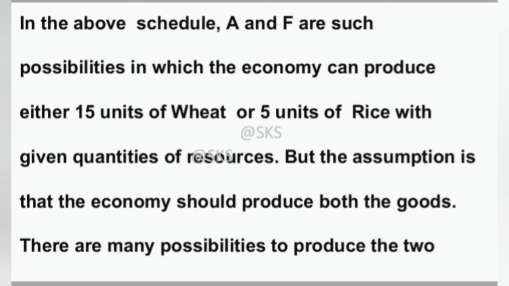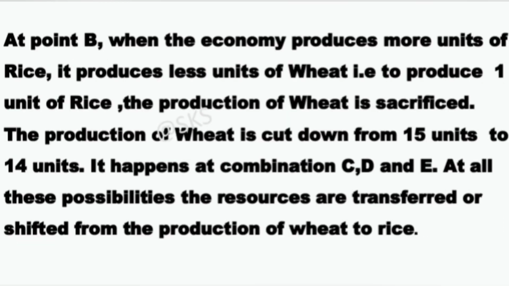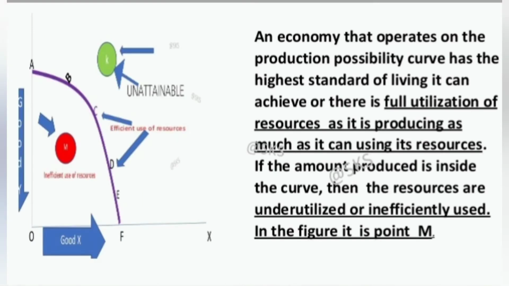Thus, as it is mentioned in the assumption, the resources are transferred from the production of one good to the other, from wheat to rice. So this curve not only shows production possibilities, but also the rate of transformation of one product into the other when the economy moves from one possibility point to the other.